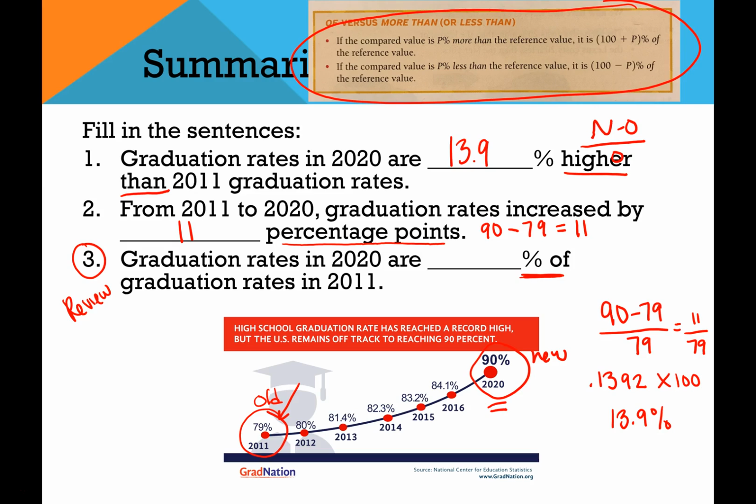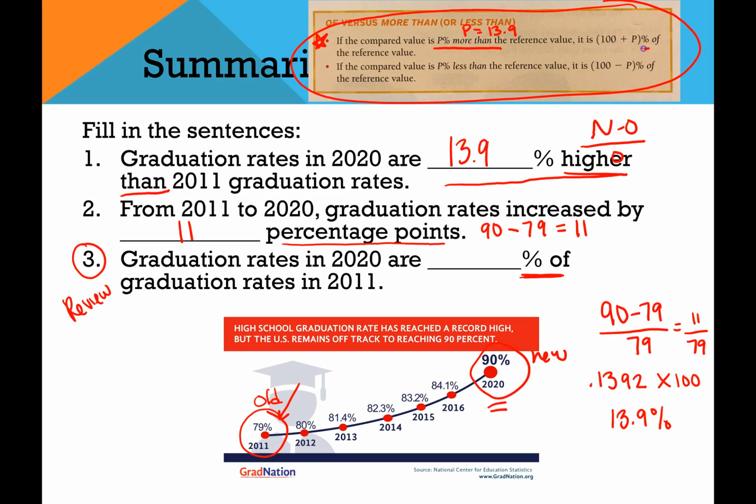Okay, well, we're going to use this top one because we have 13.9% higher than. So 13.9 is equal to P, because it's P percent more than or higher than. So my P is equal to 13.9.